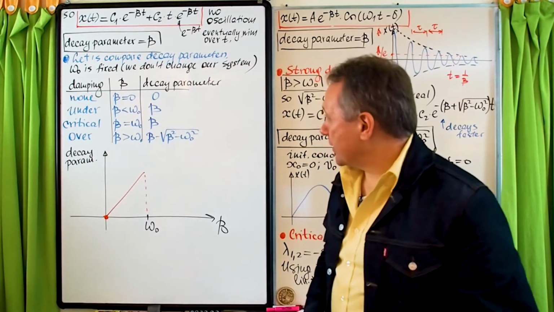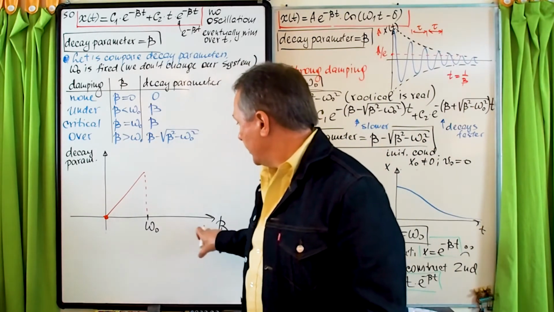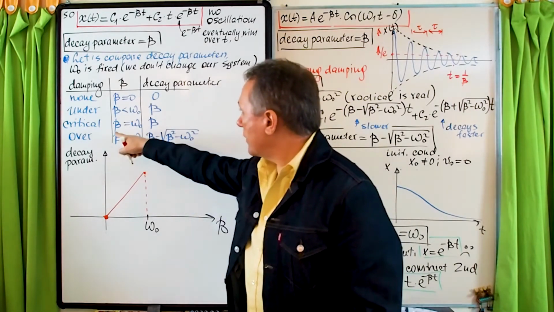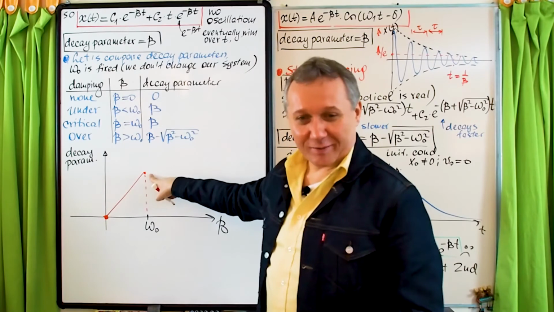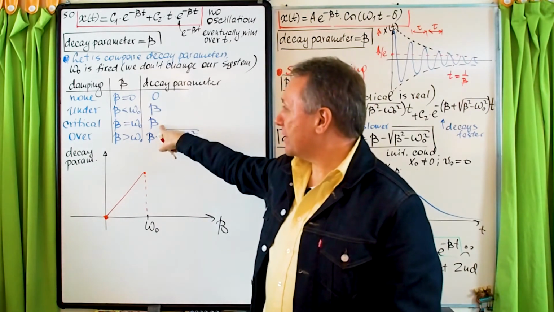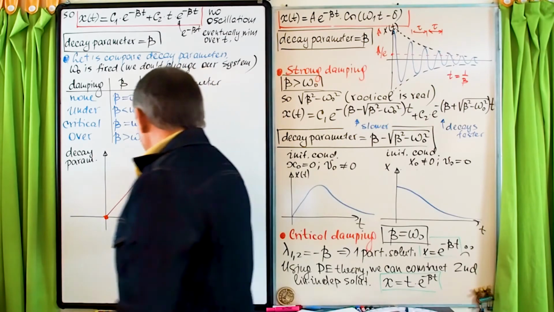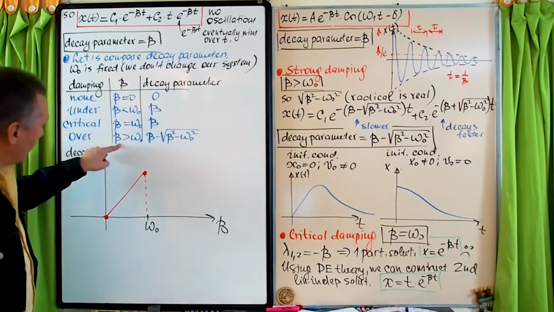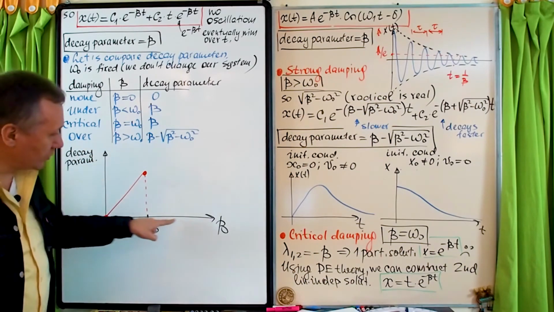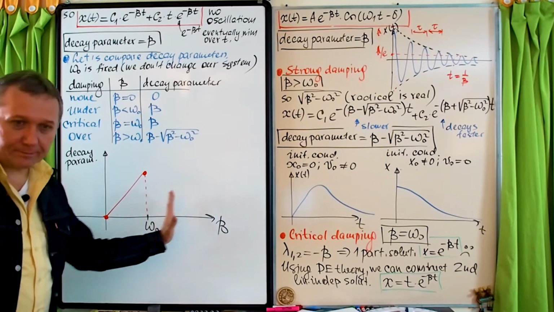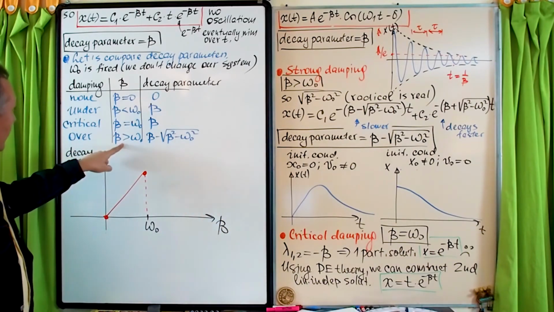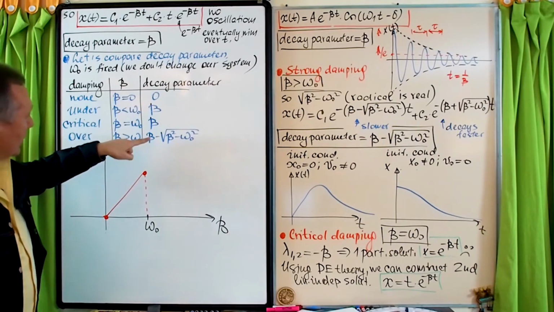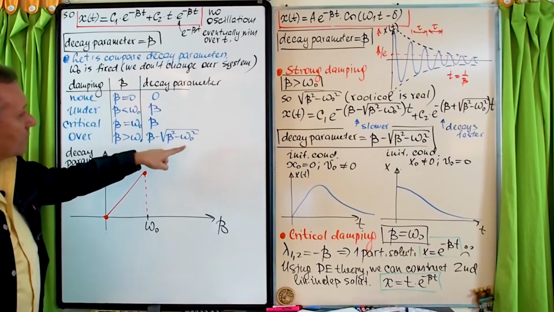Then critical damping, when our variable beta is at omega naught. So we are here, and what we have over there is decay parameter equals beta. It matches the underdamping case, so it's just this point, critical damping. And after that, when beta is larger than omega naught, we're talking about that part of the curve over here, where the decay parameter equals beta minus something which is smaller than beta.